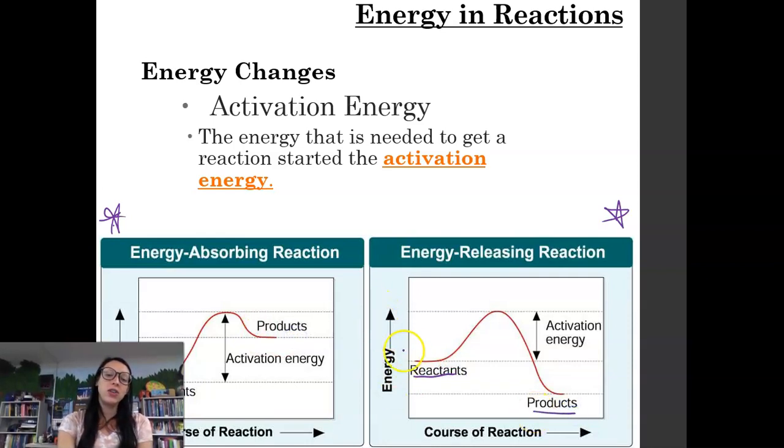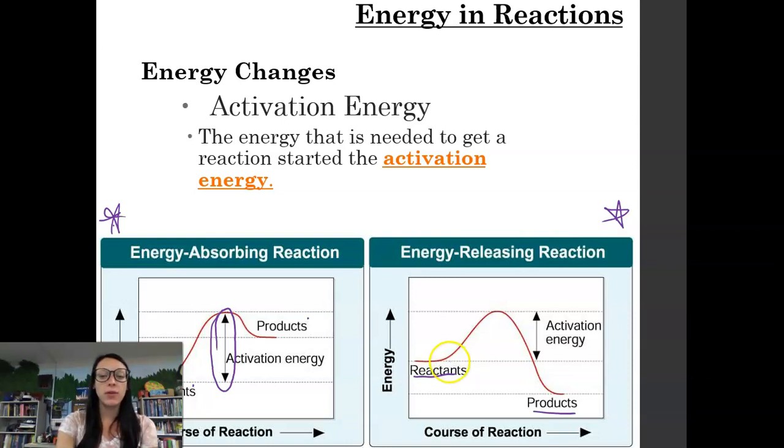We have an increase of energy on the y-axis, my mistake, and then we have the course of the reaction on the x-axis down here for both of these graphs. The activation energy here is the amount of energy required for the reactants to become the products. You can see in the energy absorbing reaction, the activation energy required is much greater than in the energy releasing reaction. The reaction will not be able to take place until this activation energy is achieved.